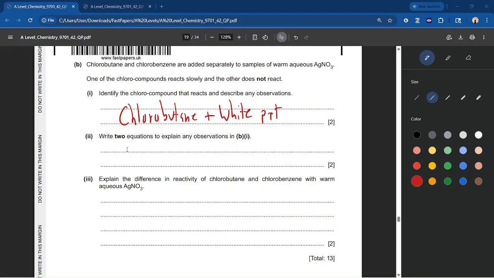And the equation for this goes C4H9Cl plus H2O gives you C4H9OH plus H plus and your chlorine ion. And the mechanism too, you're going to get chlorine ion plus silver ion, which gives you silver chloride, which is the white precipitate that you see there.